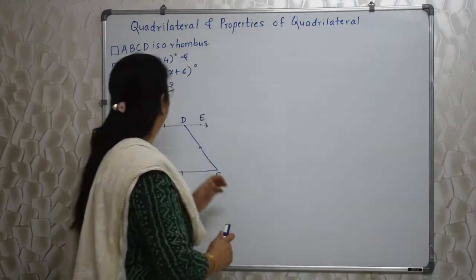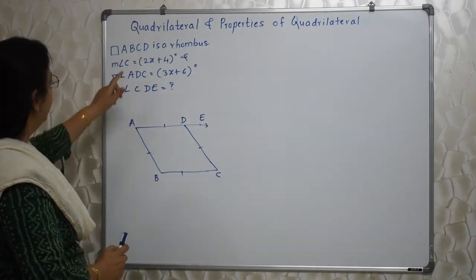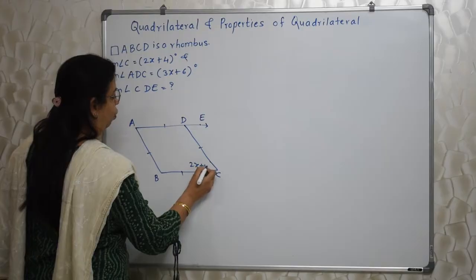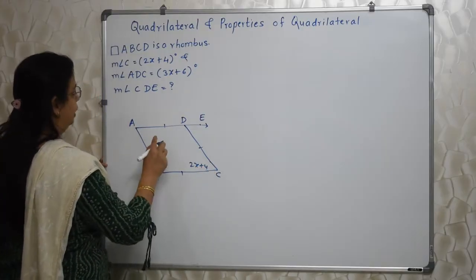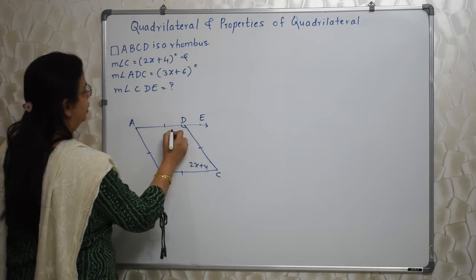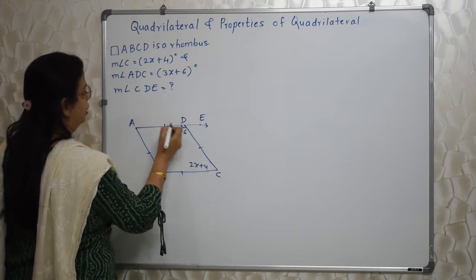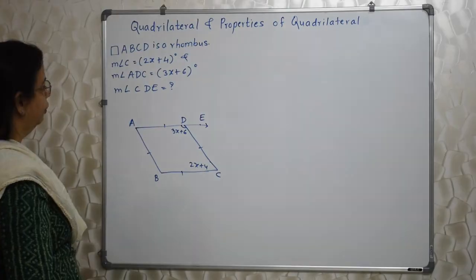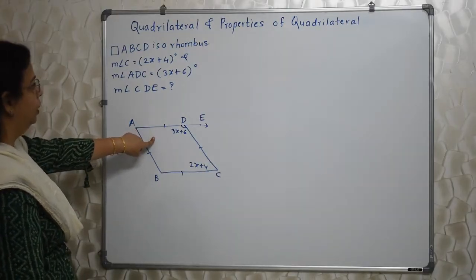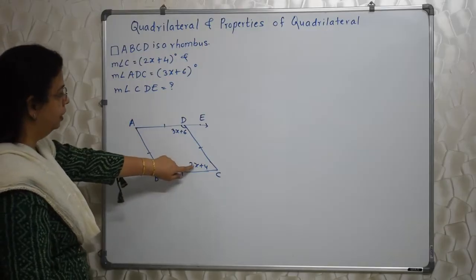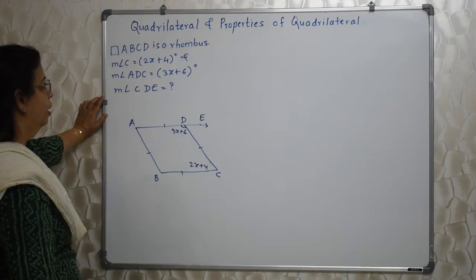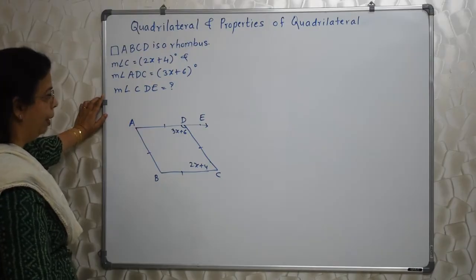Okay. So here measure of angle C is 2x plus 4. ADC, this one is 3x plus 6. Here we need to use the property of a rhombus which says the adjacent angles of any rhombus are supplementary.